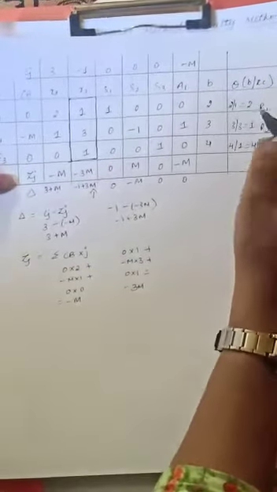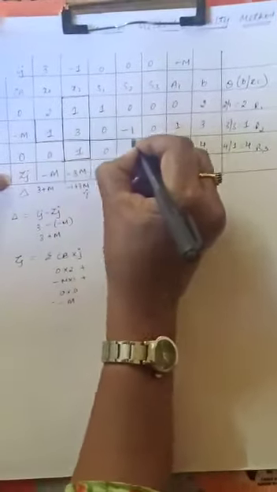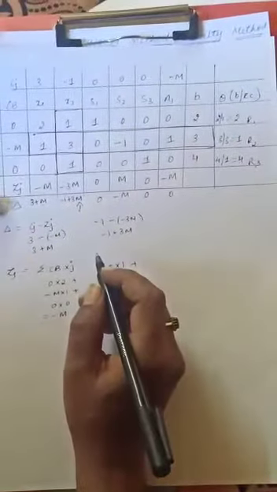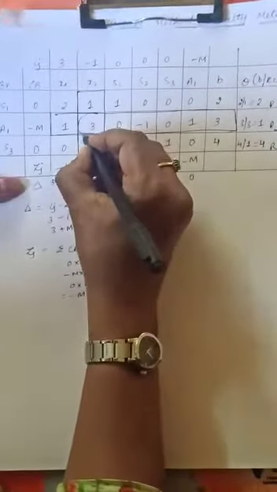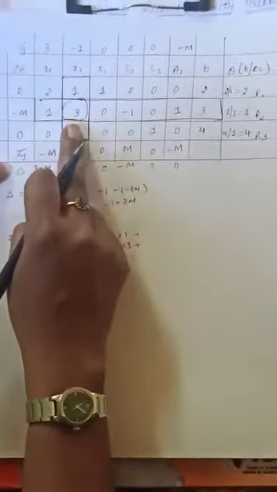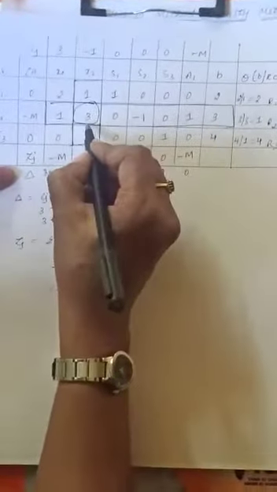Among these, the least positive value is 1. So I select this as my key row. So intersection of key column and key row, we have got the identity element. And always your identity element should be 1. If it is not 1, then make this as 1. To make this as 1, I divide this element by 3.